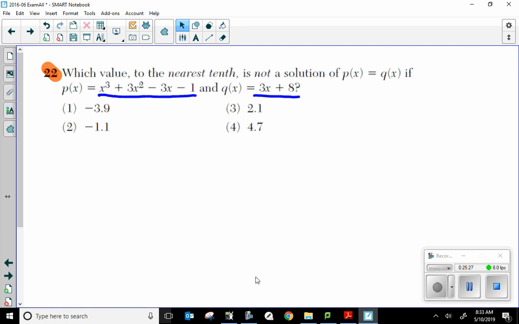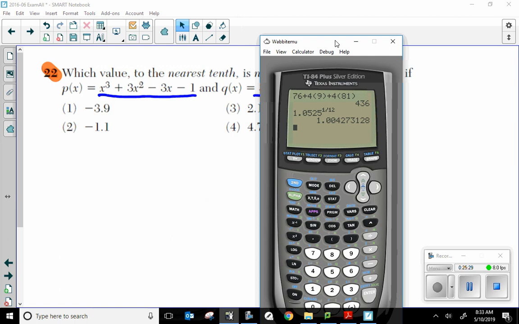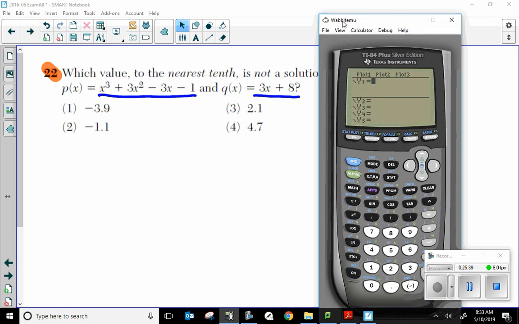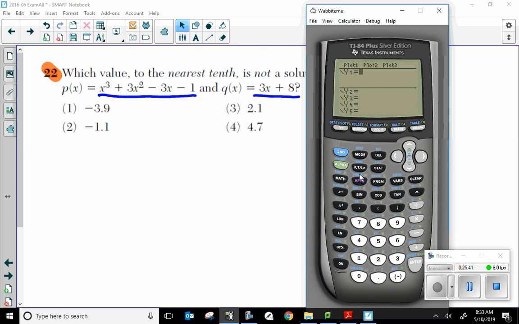Again, calculator. We love it. So I'm going to graph both of these, this one in Y1 and this in Y2. Let's clear this out. I'm going to put x cubed plus 3x squared minus 3x minus 1.